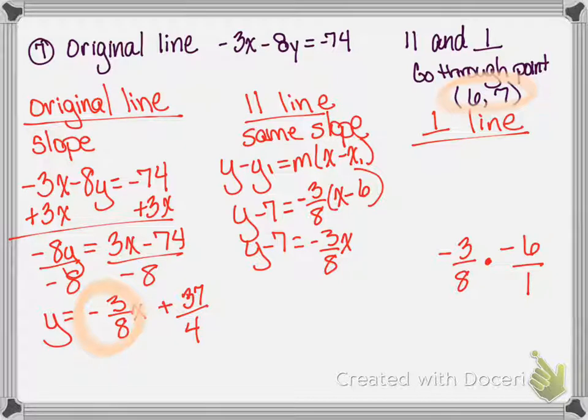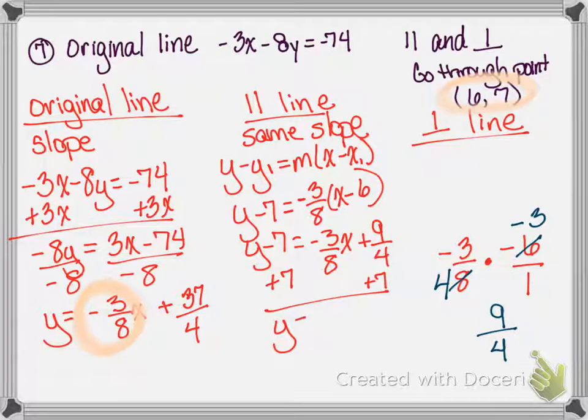When I do that, 2 goes into both of these. This becomes 4. Negative 6 becomes negative 3. So then I end up with positive 9 over 4. Now, I need to add 7 to both sides. So I have y equals negative 3/8x plus 9/4 plus 7.